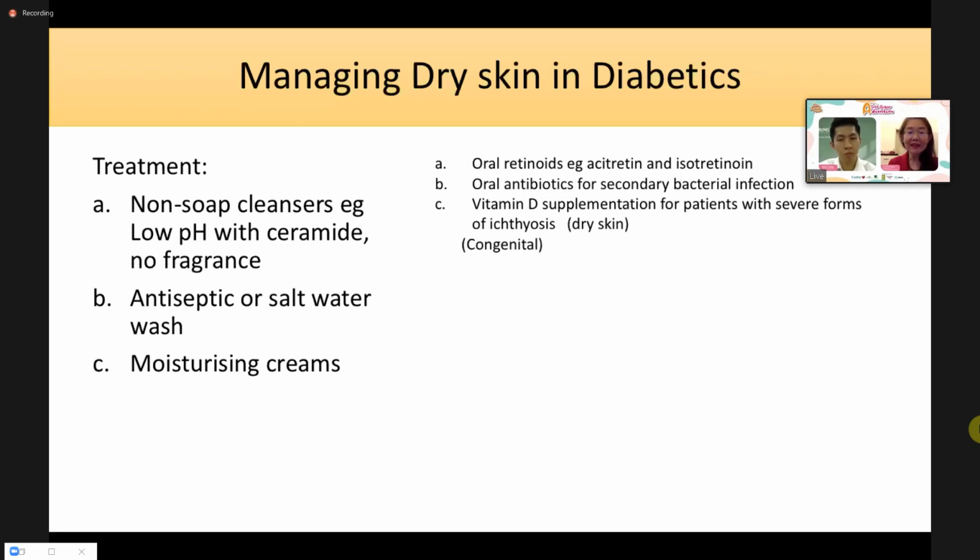Then, of course, after washing, it could be a bit dry. So that's why you need to moisturize your skin back with a lot of creams or emollients.